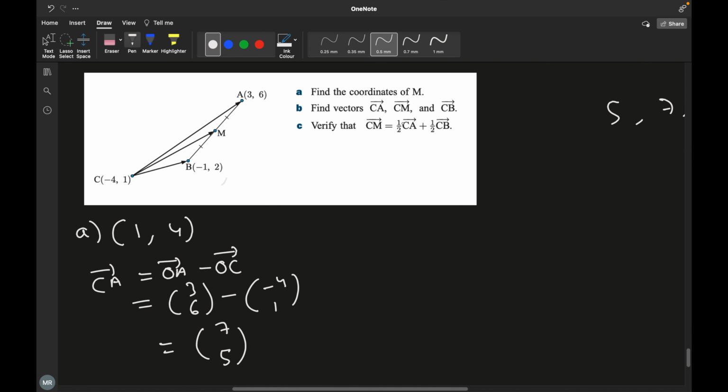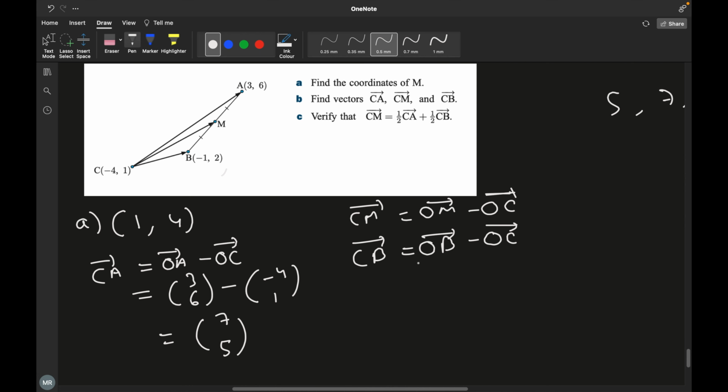You can do the same for the remaining questions. So CM is OM minus OC, and CB is OB minus OC. You can find these on your own. It's not that hard. And now let's look at part C. We have to verify that CM is the same thing as half CA plus half CB.